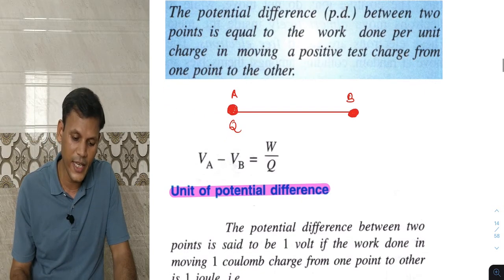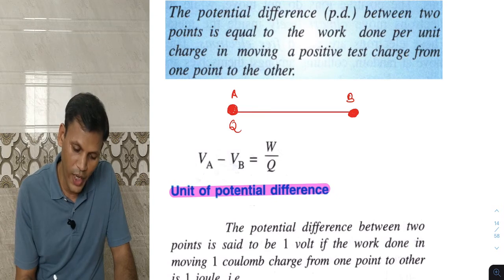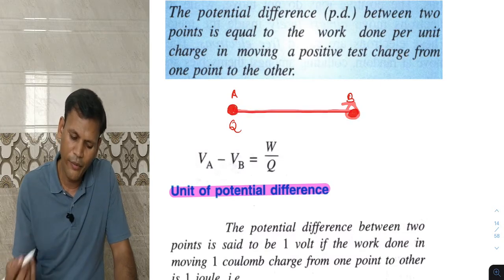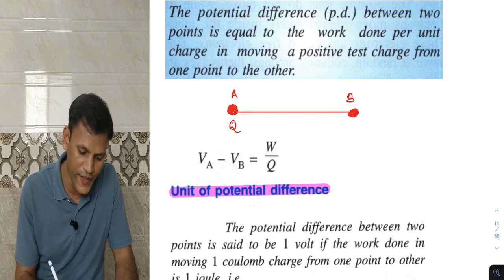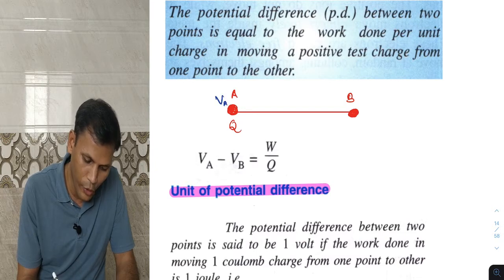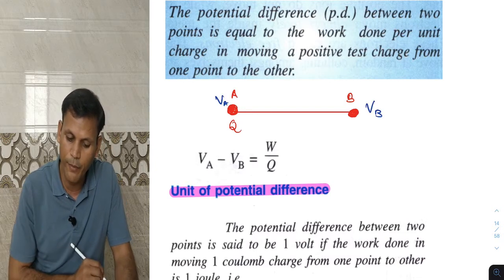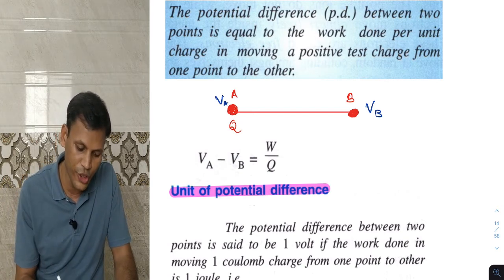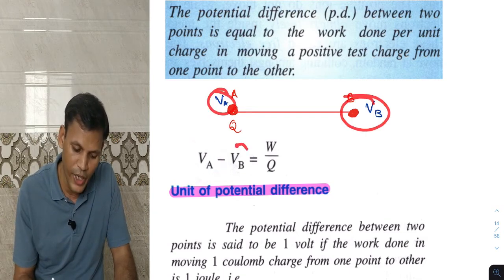Say we have one charge Q at point A and we want to bring it to B. If the potential at A is VA and the potential at B is VB, and we are bringing the charge from A to B, then the difference of these two will be VA, potential at A, minus potential at B.